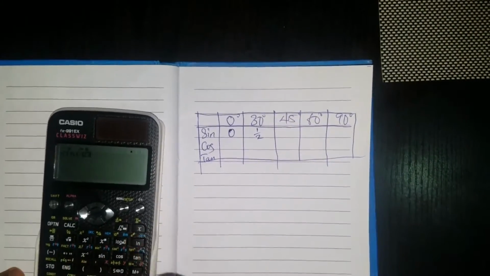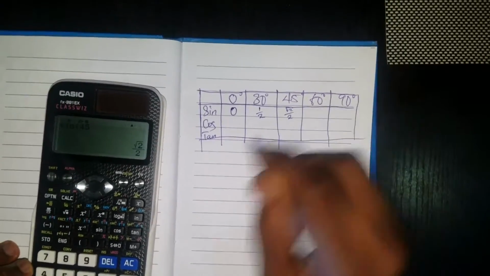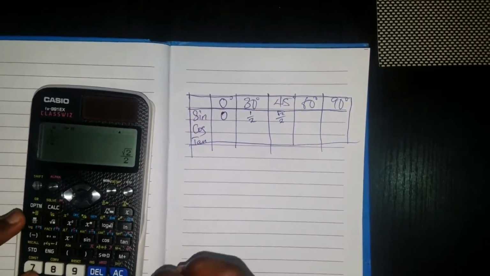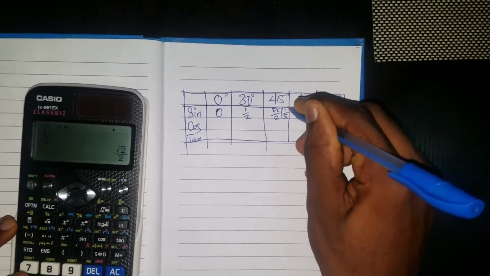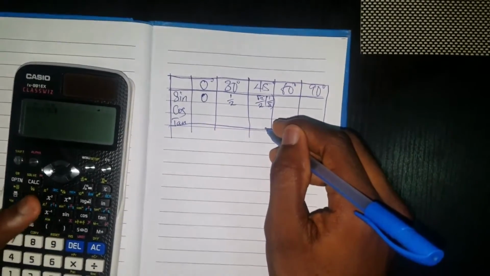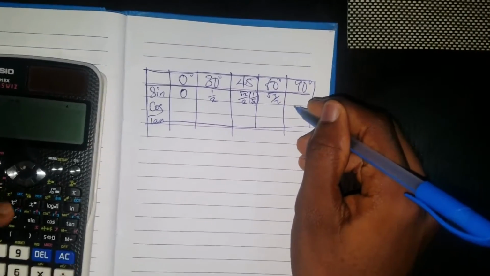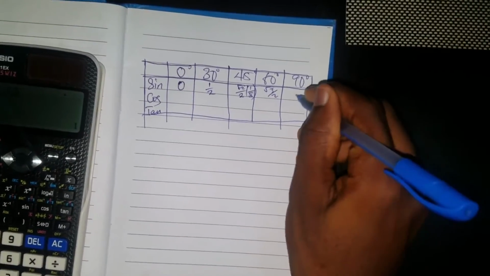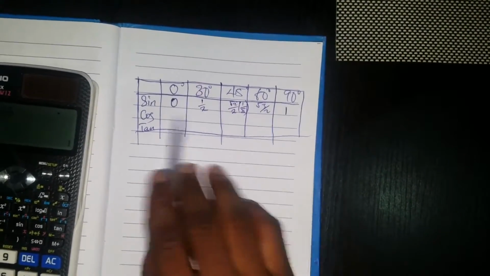Then sine 45 is root 2 over 2, which can also be written as 1 all over root 2, the reciprocal. Then sine 60 is root 3 over 2. Then sine 90, that should be 1. Sine 90 is 1. So all you need to memorize is just the first part.